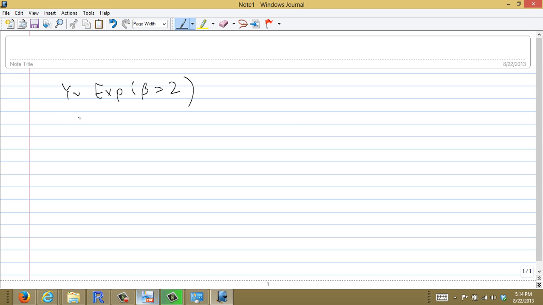We want to find the expected value of y. Well, since this is a continuous random variable, by definition, this would be the integral from negative infinity to infinity of y times the density 1/2 e to the negative y over 2 dy.